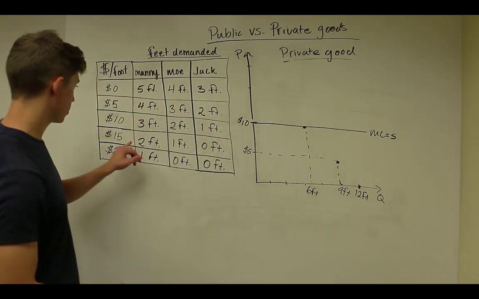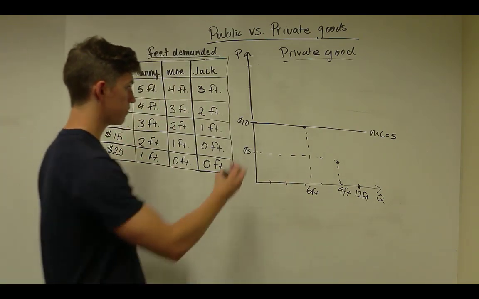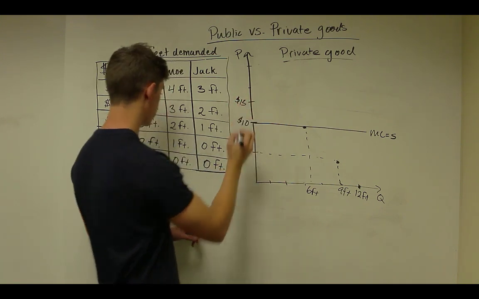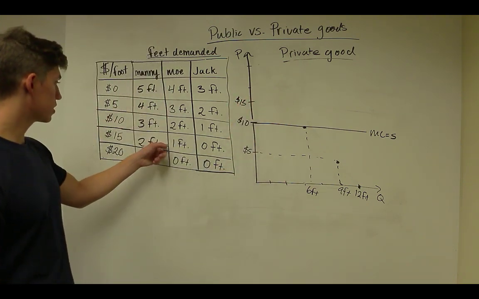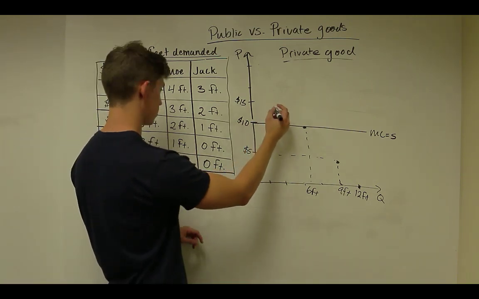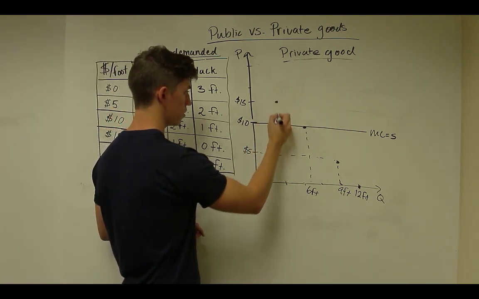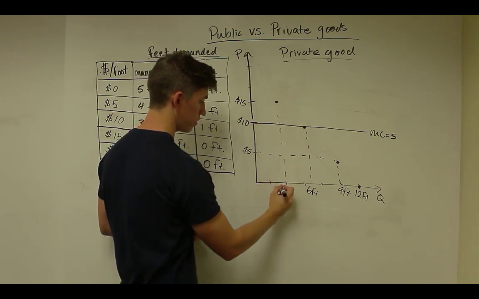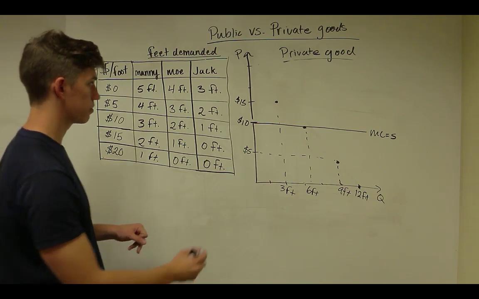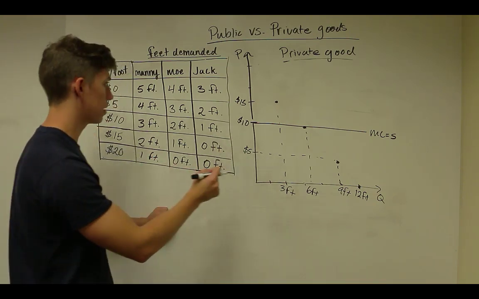Then at a price of 15, we're going to have 3 feet demanded, because at 15, Manny's going to buy 2 feet and Mo's going to buy 1 foot. So that gets us 3. And at a price of $20, there's exactly 1 foot demanded, and that's by Manny.